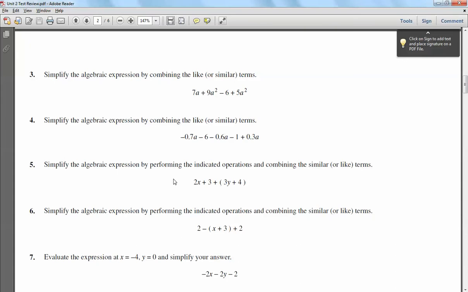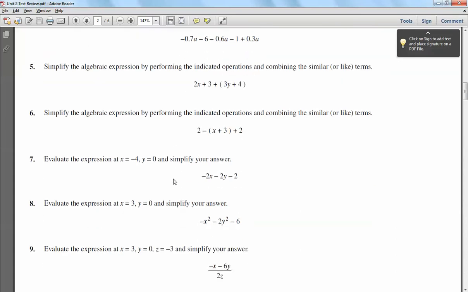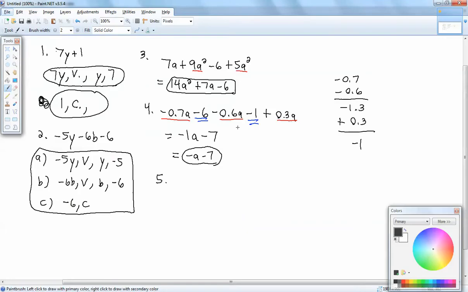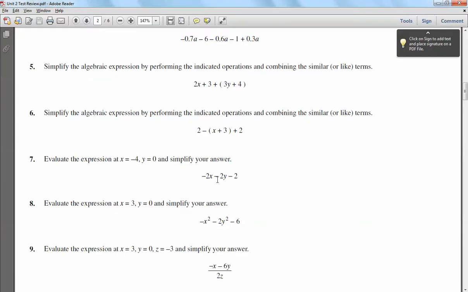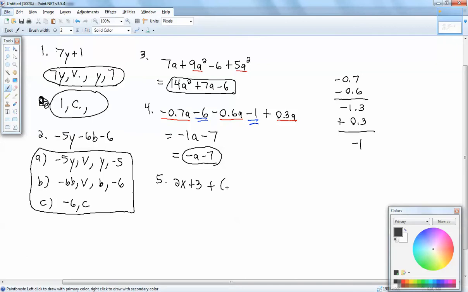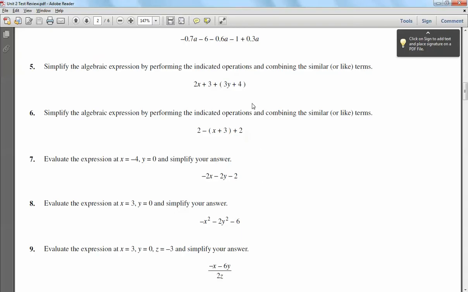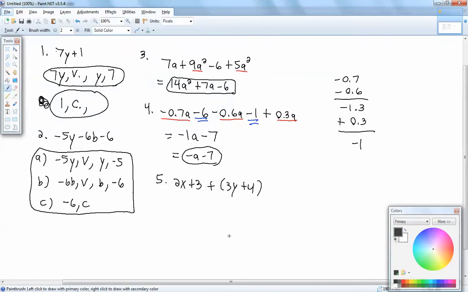Okay, number 5. Got 2x plus 3 and plus 3y plus 4, each in parentheses. And to simplify it, get rid of parentheses and so forth. Well, first thing in simplifying is you always get rid of parentheses.